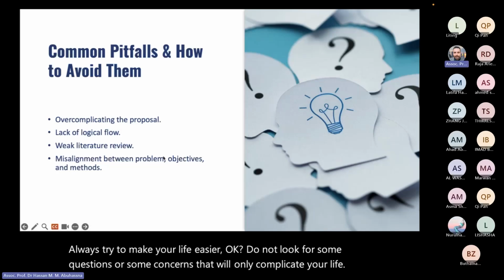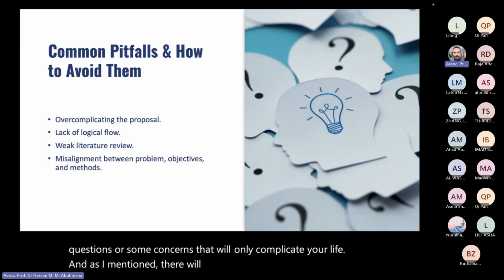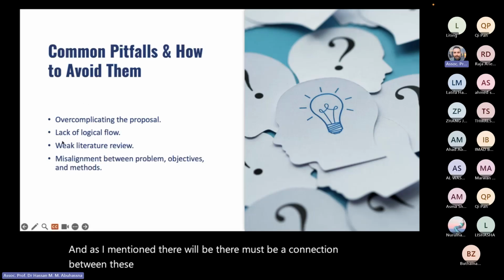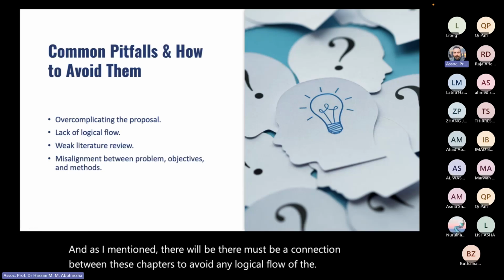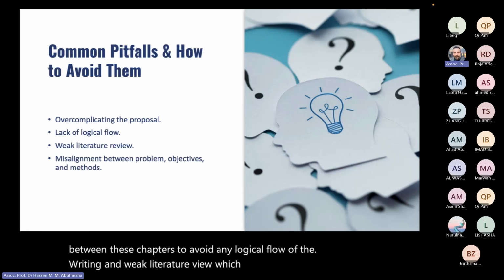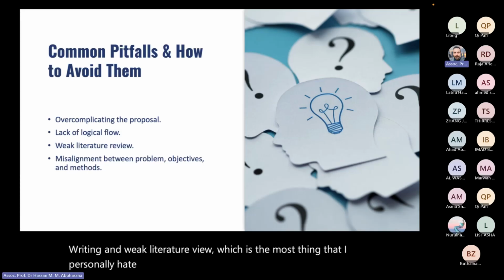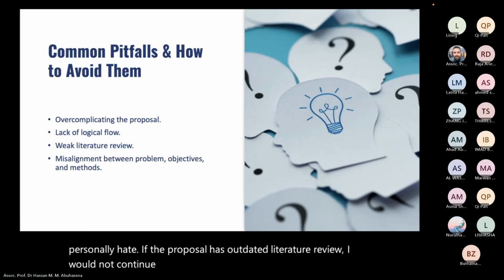And as I mentioned, there must be a connection between the chapters to maintain a logical flow of the writing. And a weak literature review is the thing that I personally hate most. If the proposal has an outdated literature review, I would not continue reading, honestly.